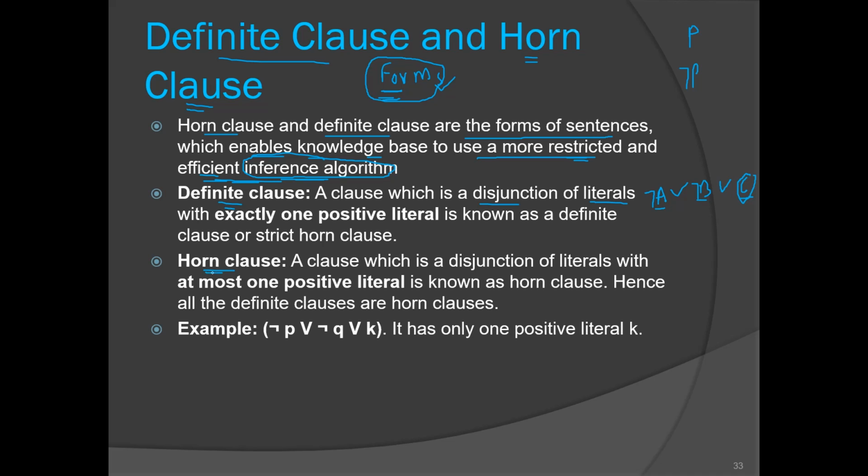Now what do you mean by horn clause? This is the relaxed version of definite clause. It says a clause which is a disjunction of literals with at most one positive literal.